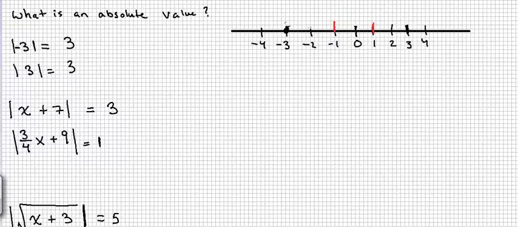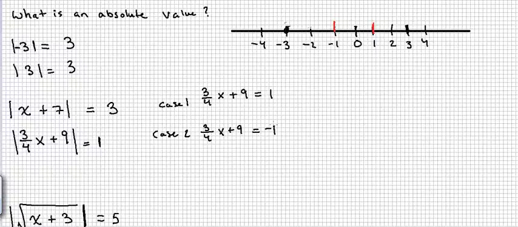So let's solve that. Case 1 is where we land on the 1. So we're going to have 3/4 x plus 9 is equal to 1. Case 2 is where we have 3/4 x plus 9 landing on the negative 1.